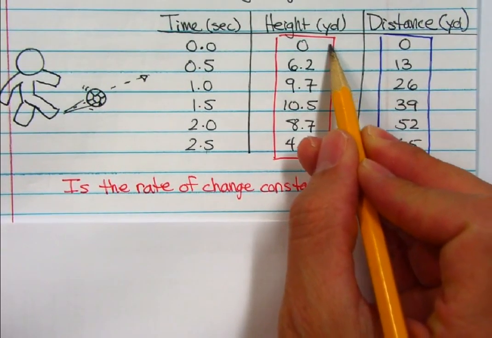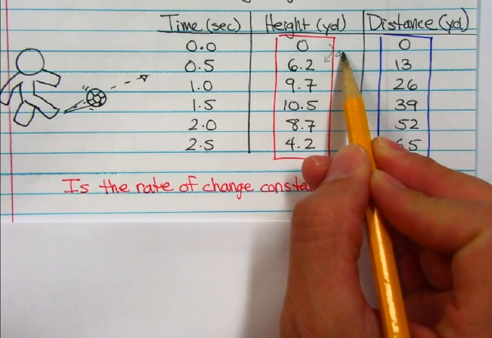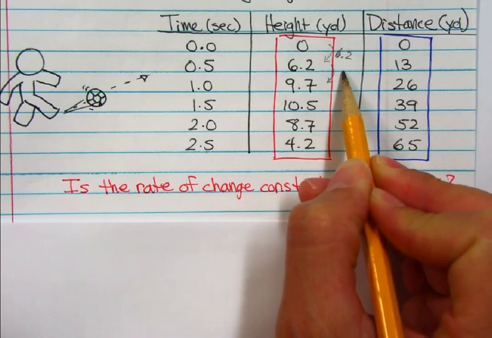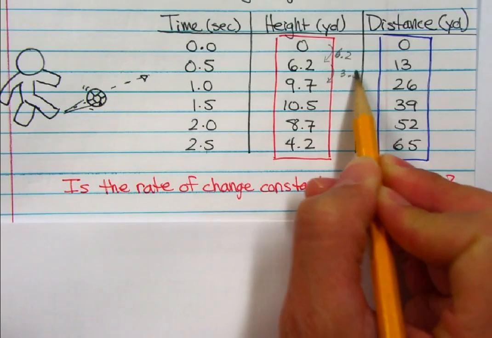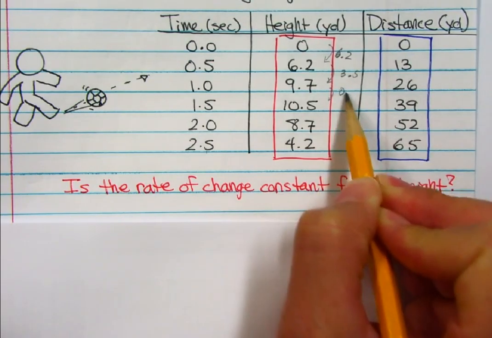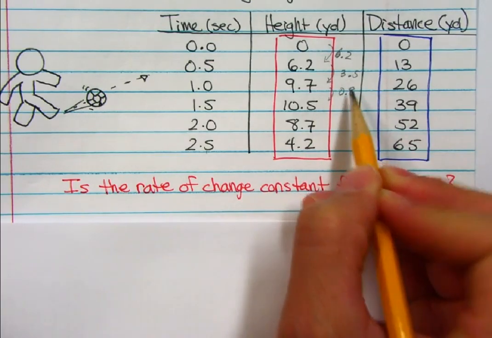Let's take a look. From 0 to 6.2, it increases by 6.2. Then it looks like it increases another 3.5. And then it increases by, I think it looks like 5.7, so that's going to be 0.8.